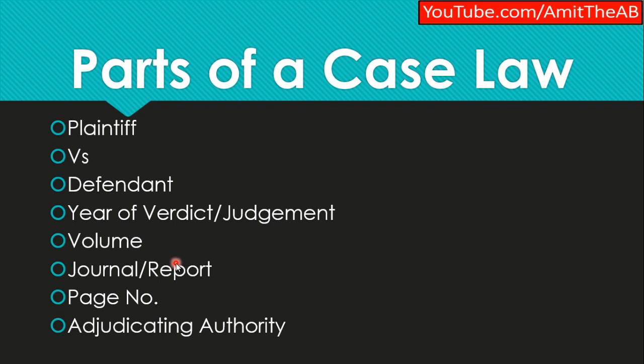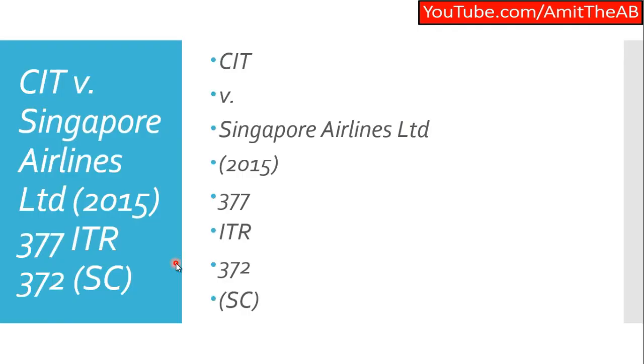Now let's see through an example, like CIT versus Singapore Airlines Limited 2015, 377 ITR 372 SC. Let's break it down. First is CIT, that is Commissioner of Income Tax, versus Singapore Airlines Limited, so defendant. 2015, year of verdict or judgment. 377 is the volume.